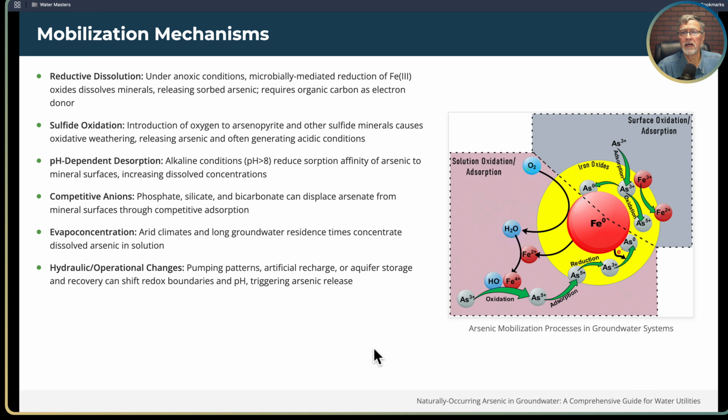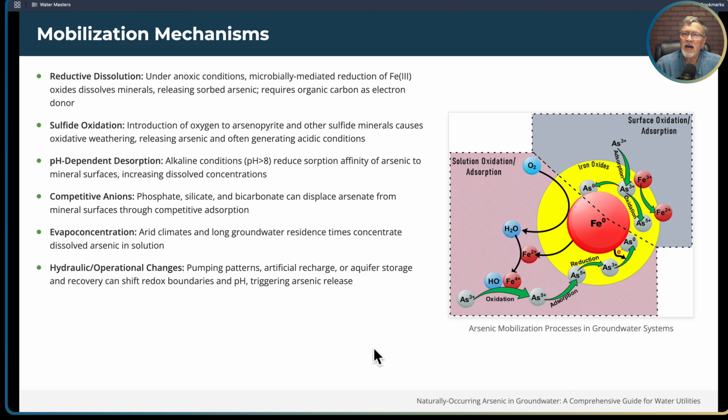They have a role to play in reduction of iron 3, and that's going to dissolve minerals, including any arsenic that might be in that pyrite, for instance, or those iron oxides. So the bacteria plays a role in that. It does require organic carbon as an electron donor, and usually if you have bacteria present, you're going to have that organic carbon as well.